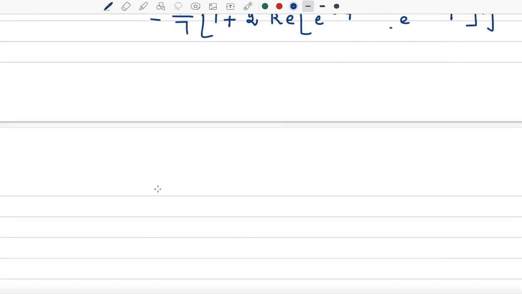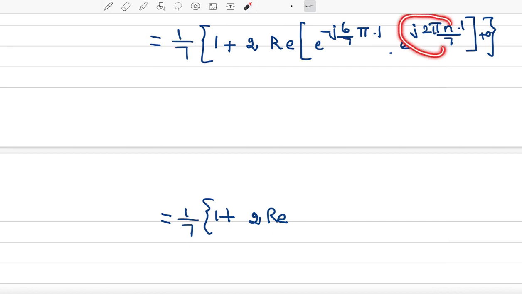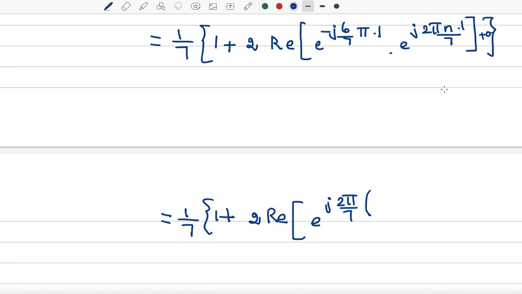Now again we need to simplify this. 1 by 7 into 1 plus 2 into real part of, we need to take the common term outside. We can take e power j 2 pi by 7 as common. So here one n is there, and here 6, taking 2 out, minus 3.